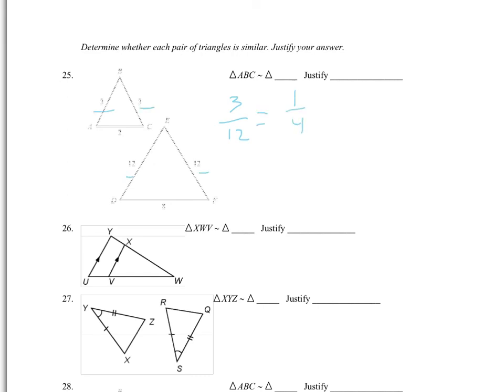And then 2 over 8, if I simplify that, that's also 1/4. All the sides are proportional, so ABC is similar to DEF. And we justify that by side-side-side similarity. All the sides were proportional.